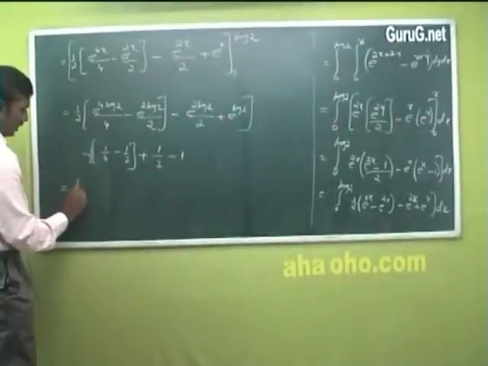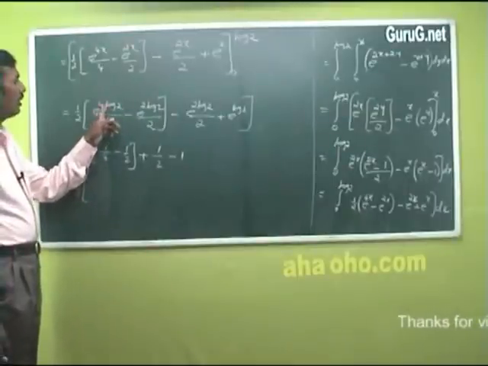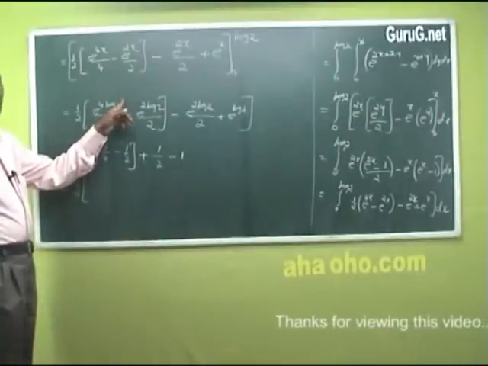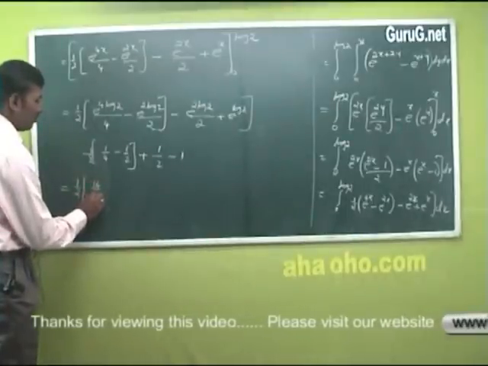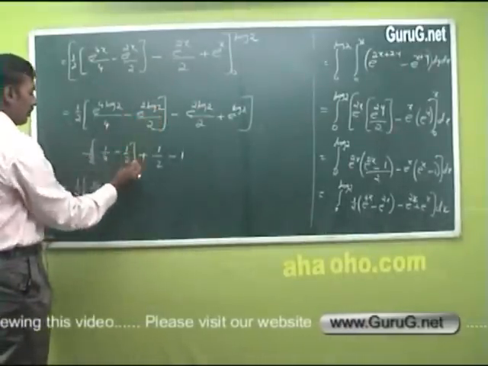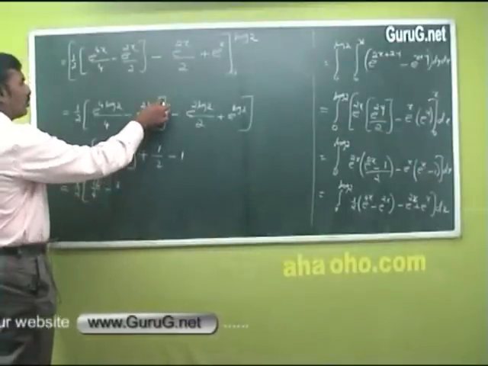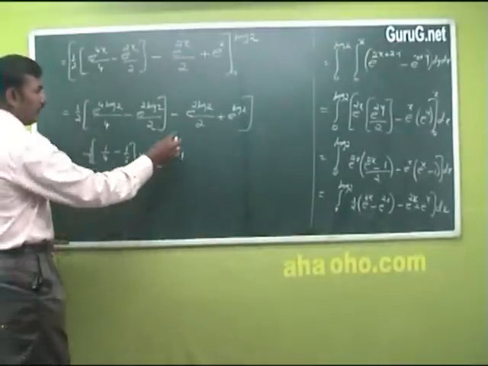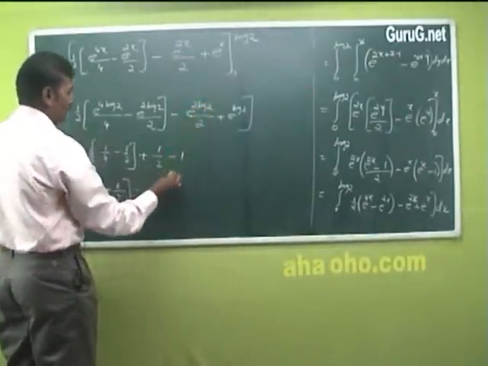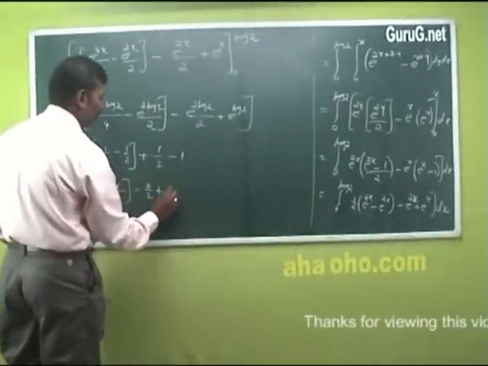So 1 by 2 into, now e power 4 log 2 is 2 to the power 4, which is 16. So 16 by 4 minus 2 to the power 4. That is 2 square. 2 square is 4 by 2, minus 2 square 4 by 2, plus 2.